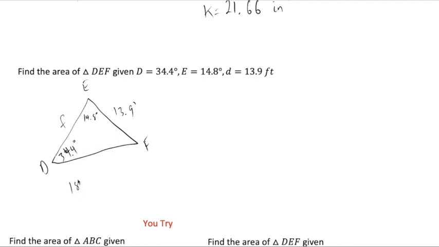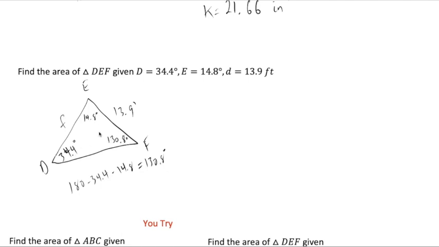So I could just do 180 minus the two angles that I have, 34.4 and 14.8, and that's going to give me 130.8 degrees. Again, this is not drawn to scale, so don't worry about your drawings. Just draw a non-right triangle to the best of your ability and fit things in as you go.